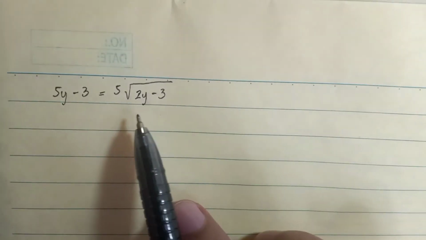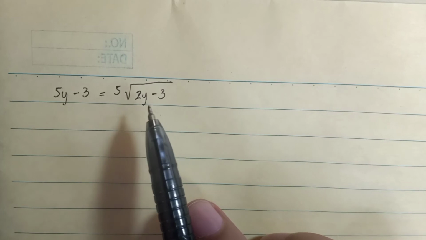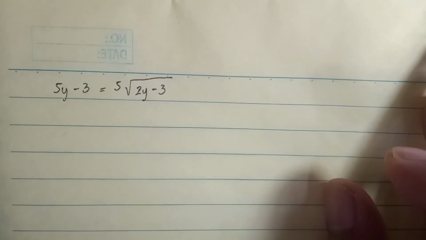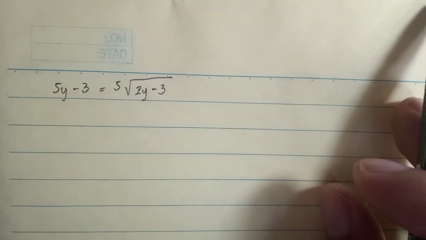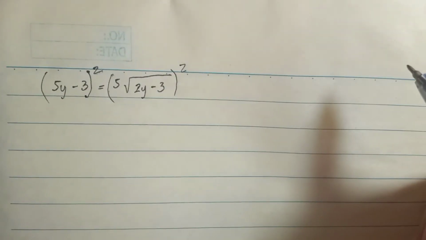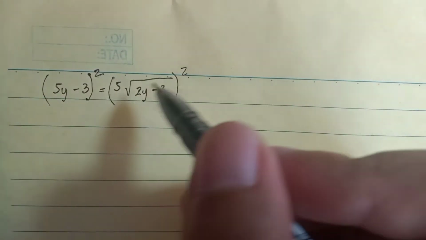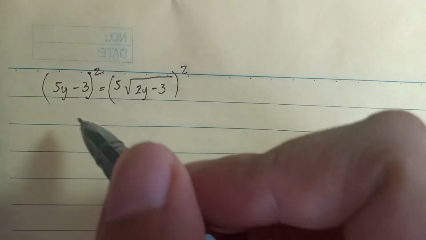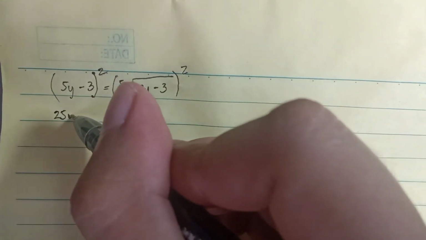To remove the radicals, since this is a square root, the anti-operation of a radical expression is to square it. So if we square both sides, the left side will become 25.